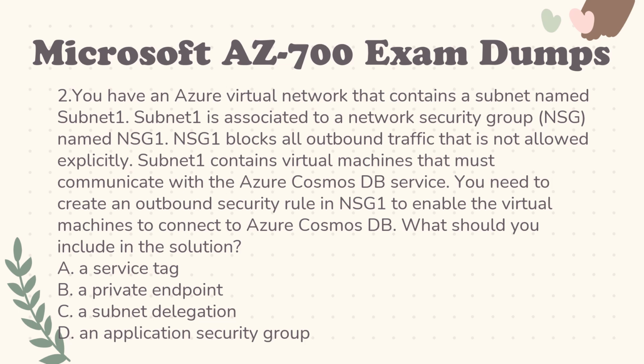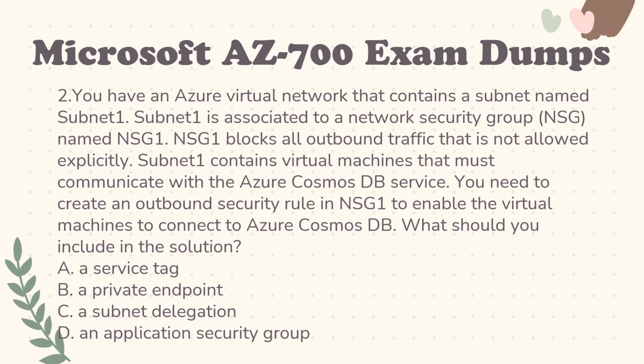2. You have an Azure virtual network that contains a subnet named Subnet 1. Subnet 1 is associated to a network security group, NSG, named NSG1. NSG1 blocks all outbound traffic that is not allowed explicitly. Subnet 1 contains virtual machines that must communicate with the Azure Cosmos DB service.